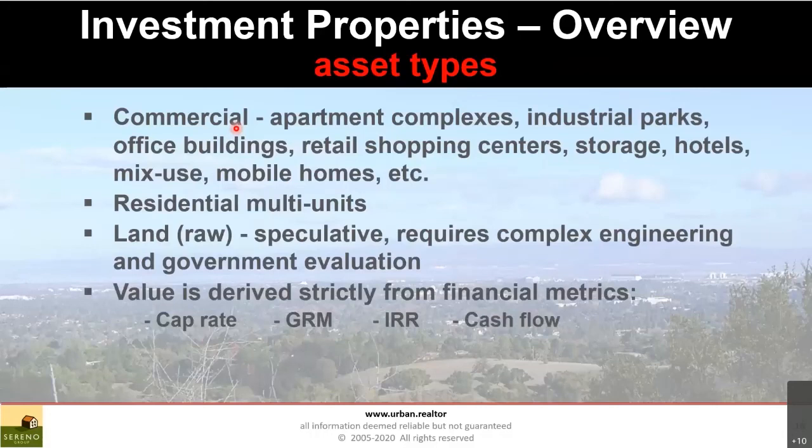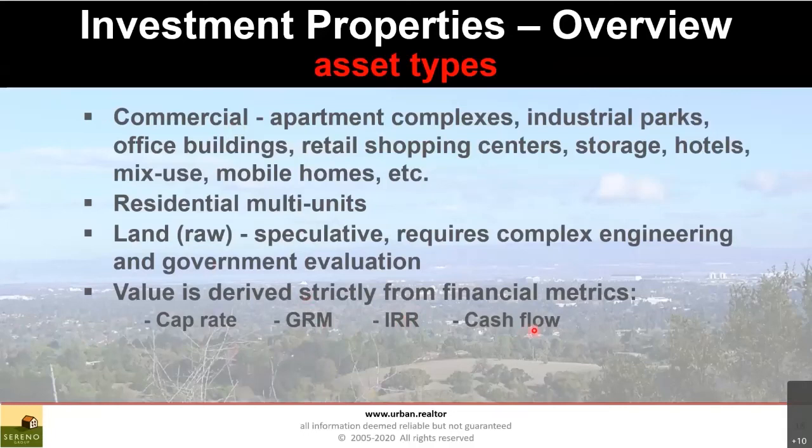And what we see here is that the value is driven directly from financial metrics. In general, commercial real estate and even all types of investing in real estate, whether commercial or residential or even single family homes up to 4, which we do, is very much driven by metrics: ratios, cap rate, gross rent multiplier, internal rate of return, cash flow, and so on.